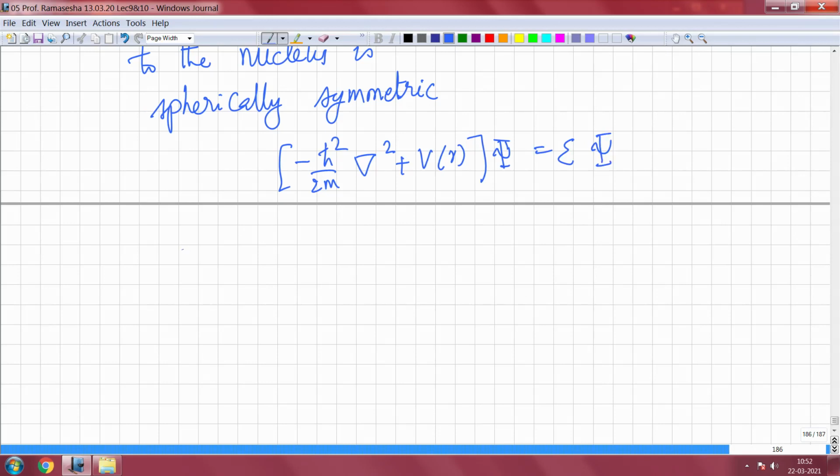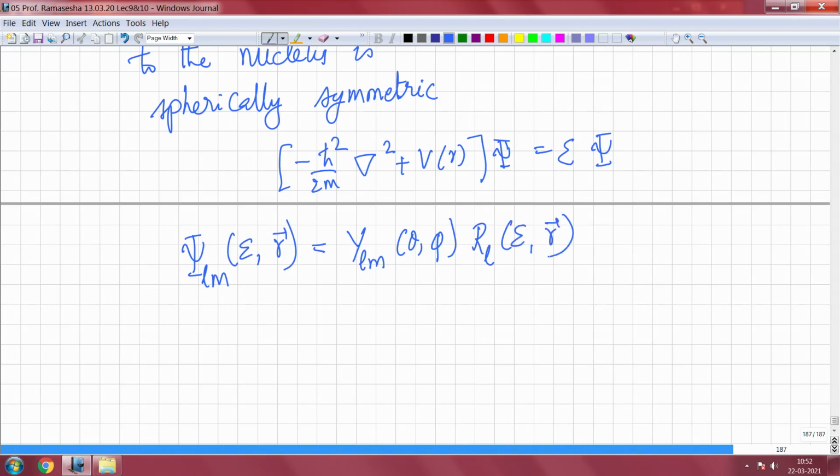And psi Lm I can define, which are solutions of this, and they depend upon both the energy and the coordinates of the electron. So, this I can write as Y Lm theta phi times R L epsilon comma r. Epsilon is the energy.